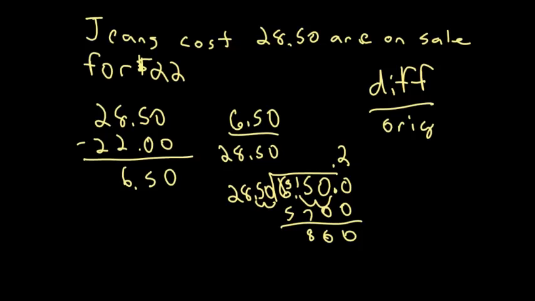So subtract, I get 800, add another 0. So 2850 will go into 8,000 2 more times. Which is 5,700. We subtract. You get 2,300, add another 0.